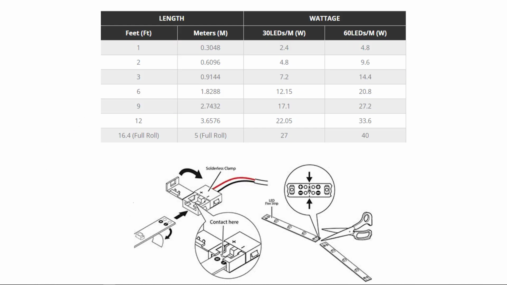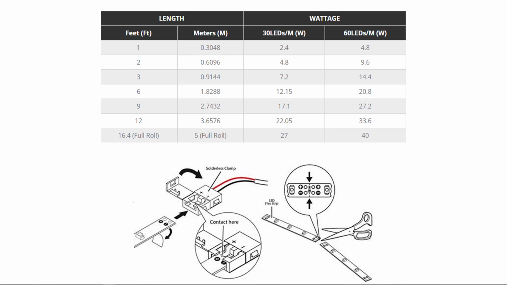When it comes to powering your LED strips, you're going to see a chart like this that should accompany the strip, either in the online documentation or with the product when it arrives. Now the picture down below is showing a monochrome LED strip.